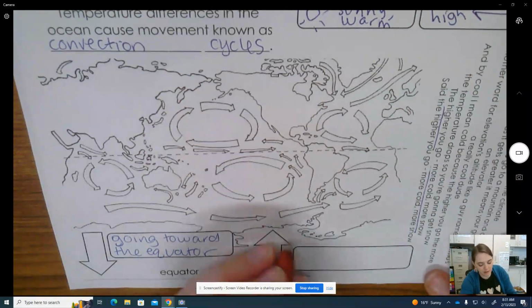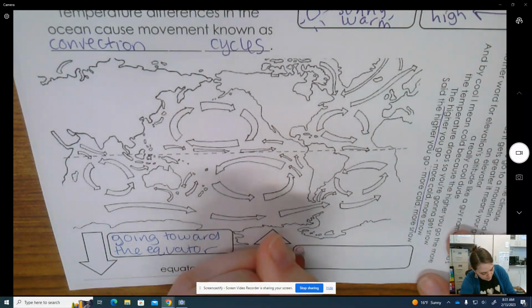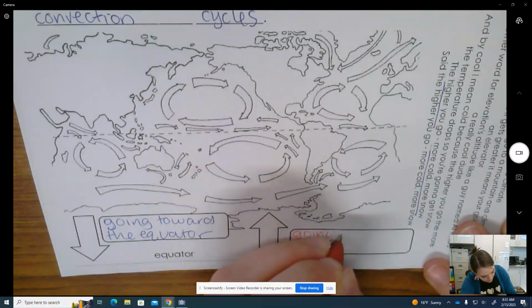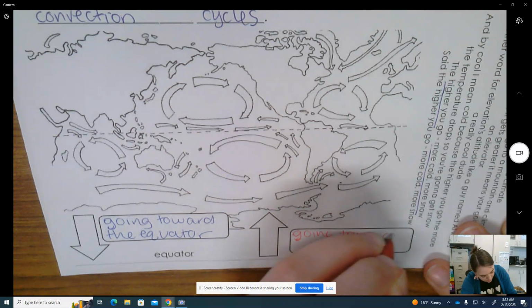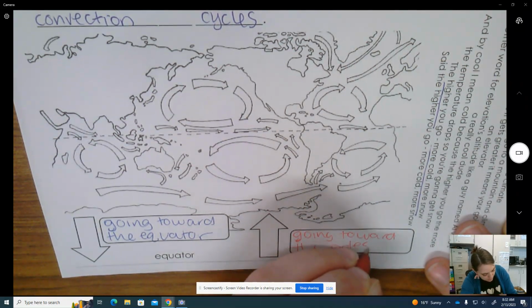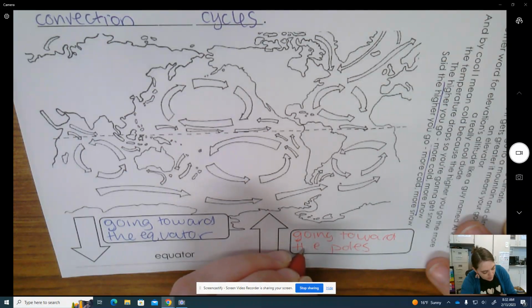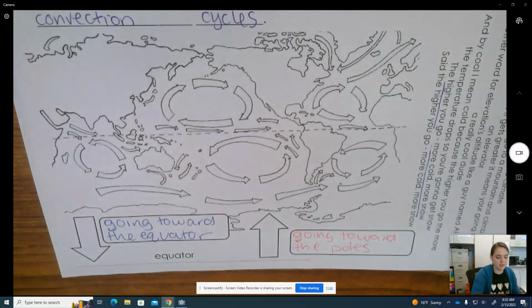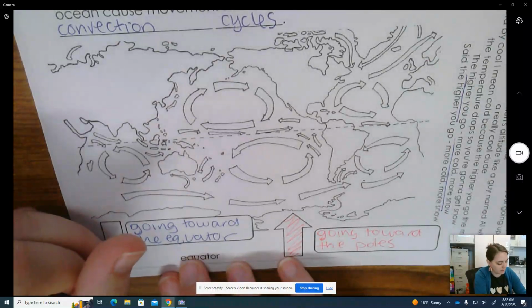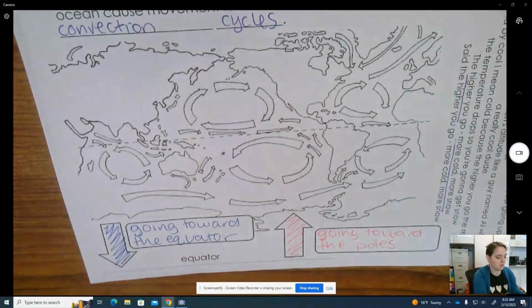And you're going to color the arrows that are going toward the poles red, because the water that's going towards the poles is warm, and the water that's going towards the equator is cold.